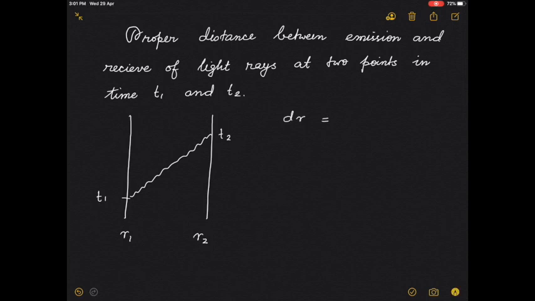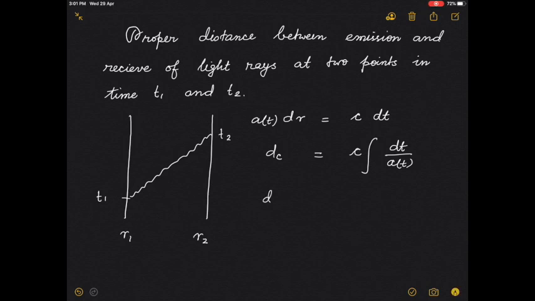For radial light rays, we know that a dr equals c dt, where dr is the co-moving distance. Let me first calculate the co-moving distance. The co-moving distance is c times the integral of dt by a as a function of t.